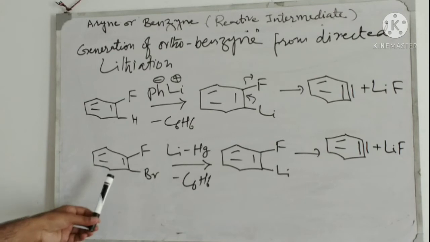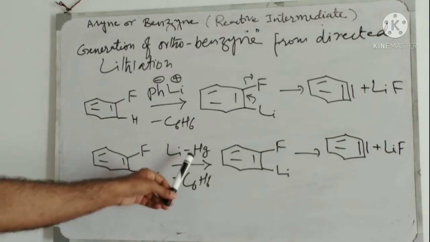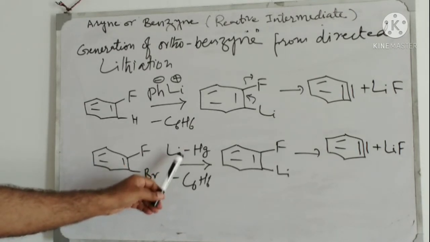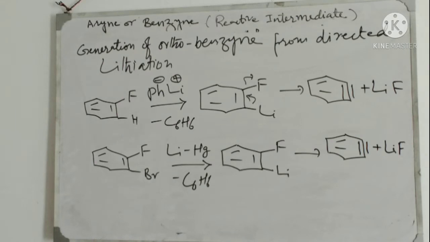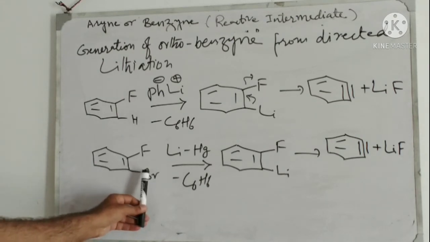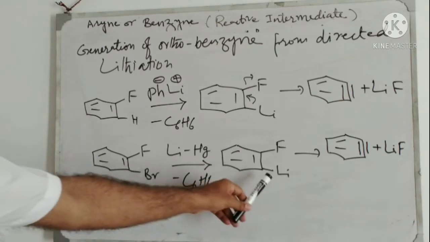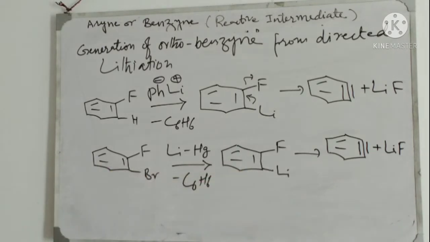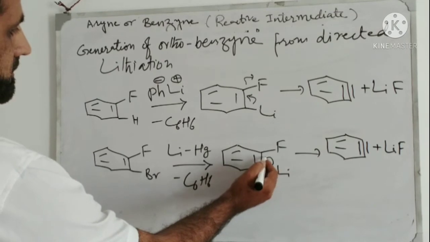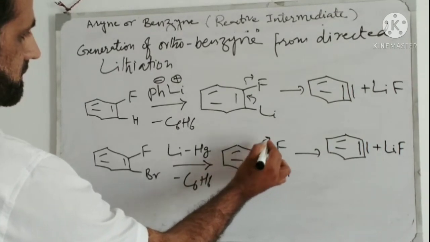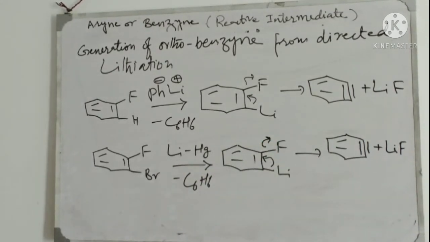This is another example where lithium mercury amalgam is used, and again direct lithiation at this bromine position, and then lithium fluoride is eliminated to generate the benzyne intermediate. So this is the direct lithiation of halogenated aromatic compounds.